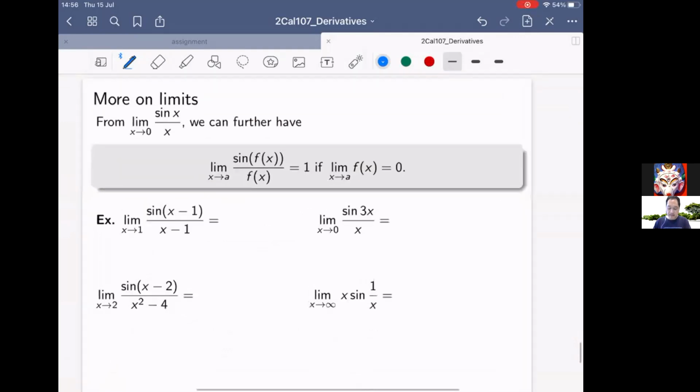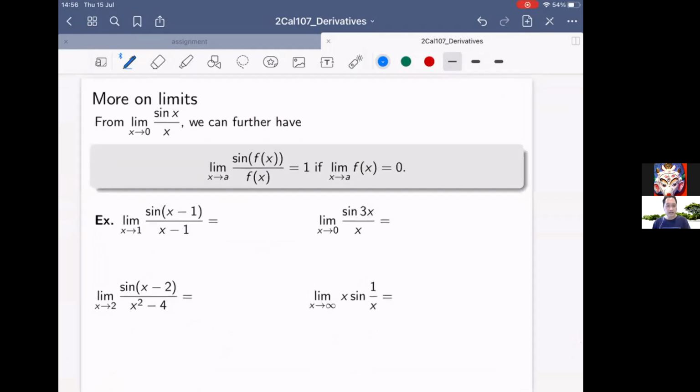However, before we end this section, let us look at this kind of limit more. Actually, from the limit as x goes to 0 of the function sine x over x, we can further extend to say that the limit of sine of f of x over f of x will also equal 1 if the limit of the inside function equals 0 as x goes to a.